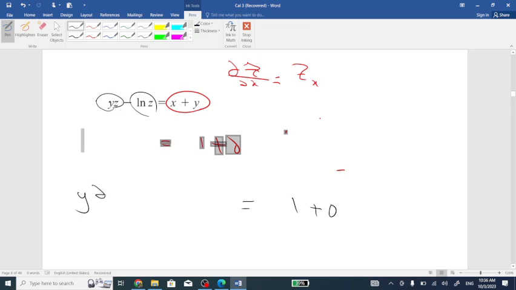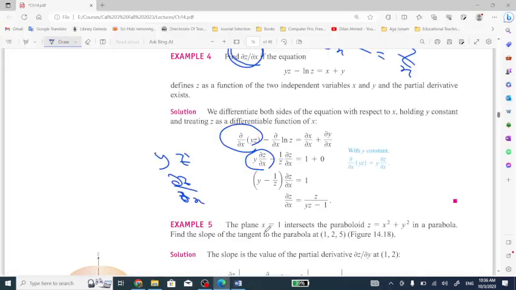Each derivative, when you take by z, should be with a partial, like a z prime, like a zx. Now, the derivative of ln is 1 over itself, and again I have z prime, but by x. Clear?